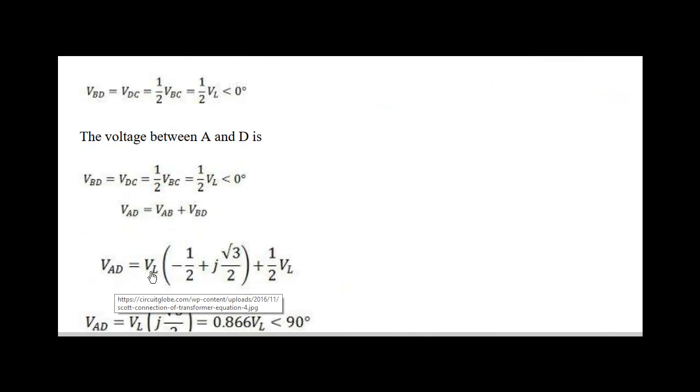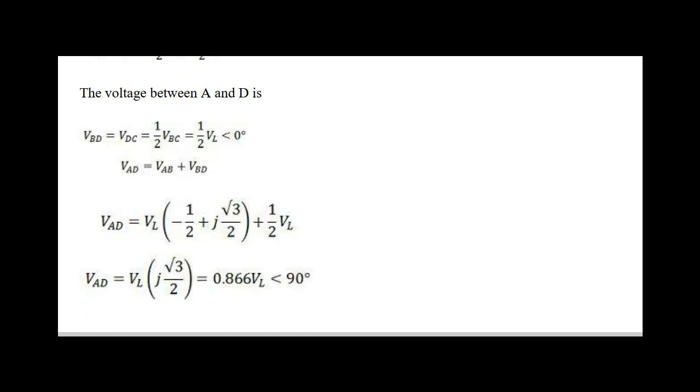Now VAD is equal to VL/2 at angle 0 plus VL at angle 120. Thus VAD and VBD are the same in magnitude, but they are 120 degrees apart from each other. VAD is equal to VL root 3 by 2, that is 0.866 VL, at an angle of 90 degrees.